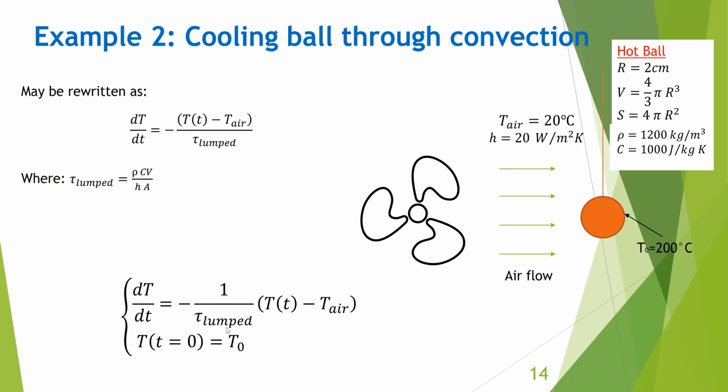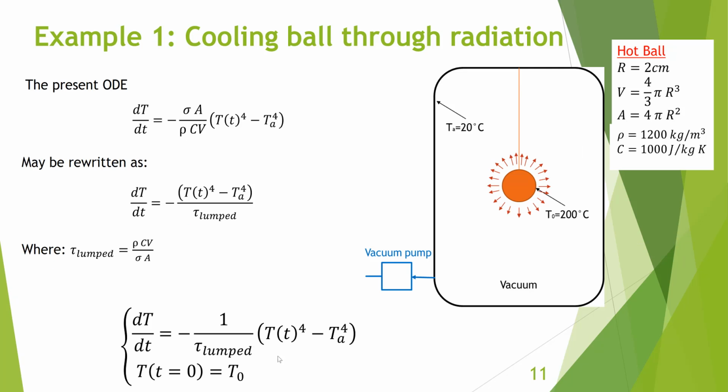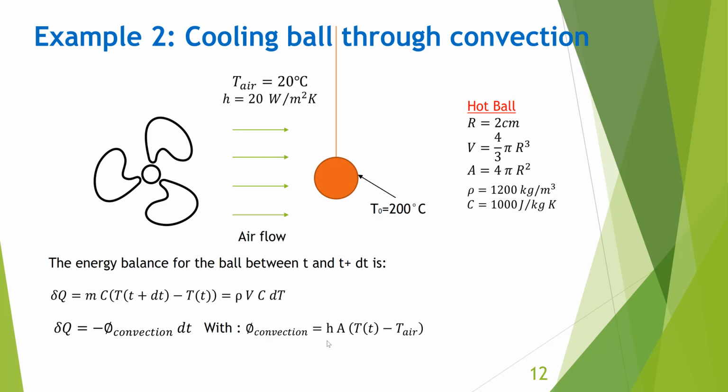In reality, in thermodynamics and heat transfer we work all the time in Kelvin, but if you have this kind of problem, you can work in Celsius and there's no problem. Now, if I go back to the radiation, if you do it in Celsius, you will get an error automatically.